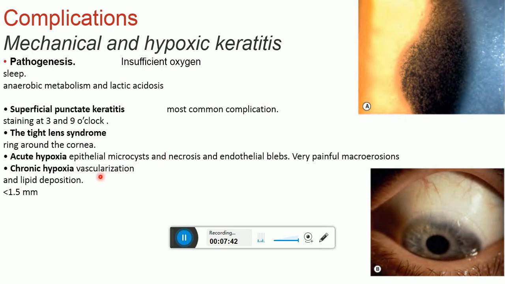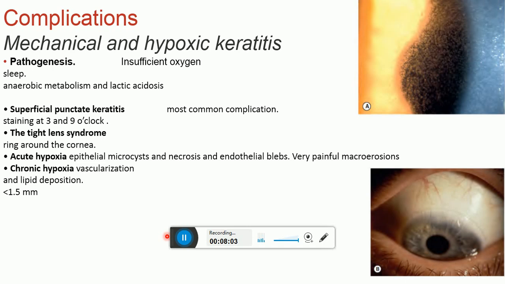Then there is chronic hypoxia. It may result in vascularization and lipid deposition. Superficial peripheral neovascularization of less than 1.5 mm is common in myopic contact lens wearers and can be monitored.